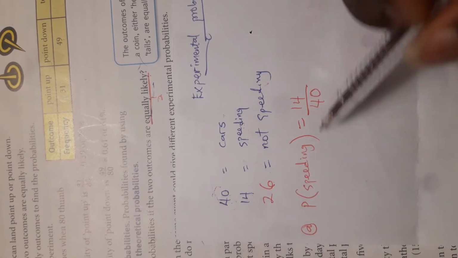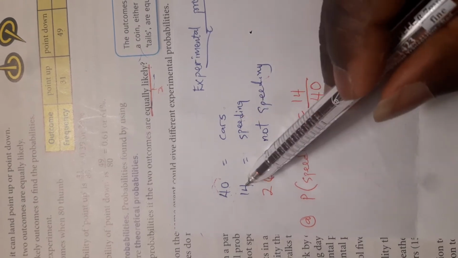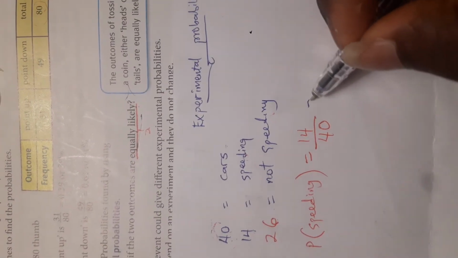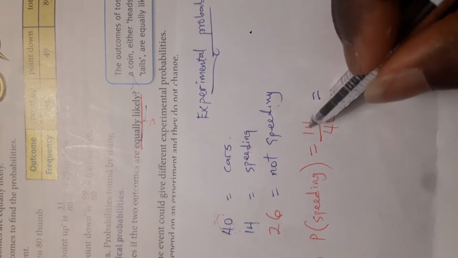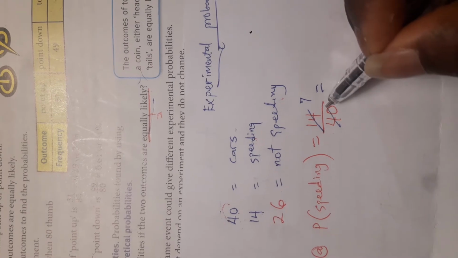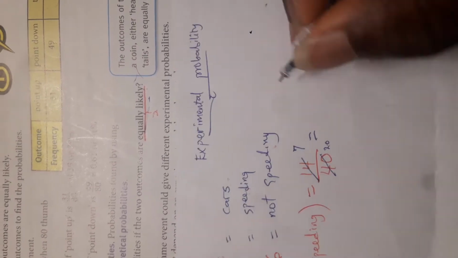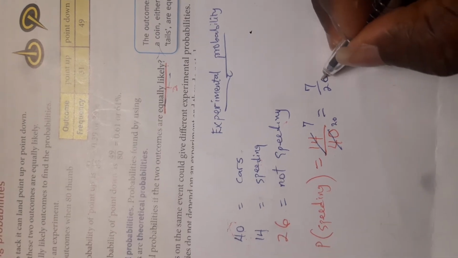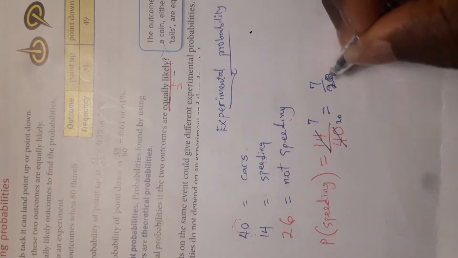This is the experimental probability. I can break this down to the simplest fraction. 2 will divide 14 7 times and 2 will divide 40 20 times. So the simplest form is 7 over 20. This is the probability of the car speeding.